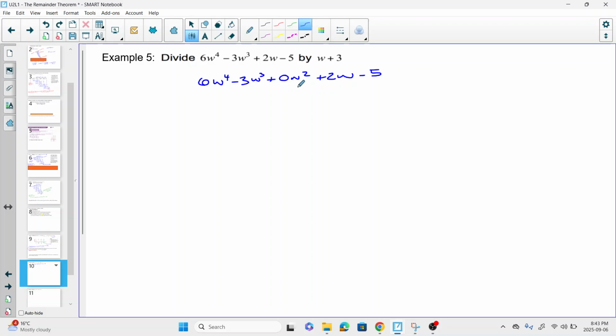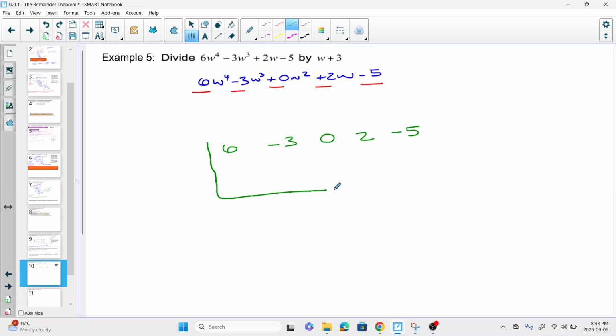Okay, so this is where we're going to pull our coefficients from. We have a 6, a negative 3, a 0, a positive 2, and a negative 5. So I'm going to write 6, negative 3, 0, positive 2, negative 5.